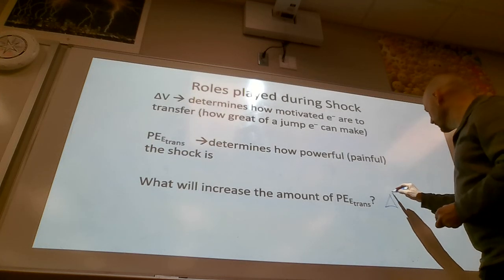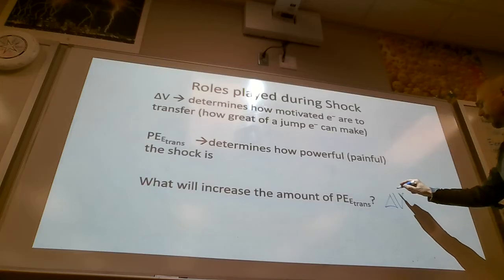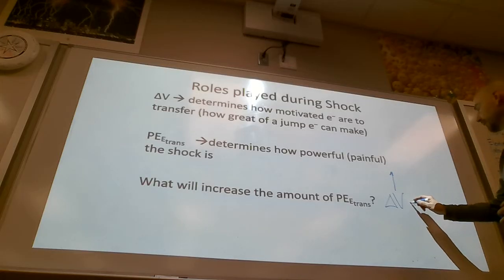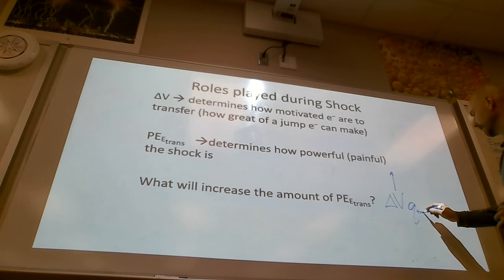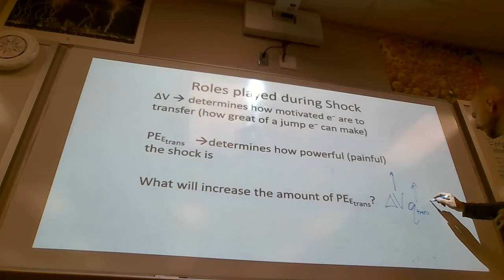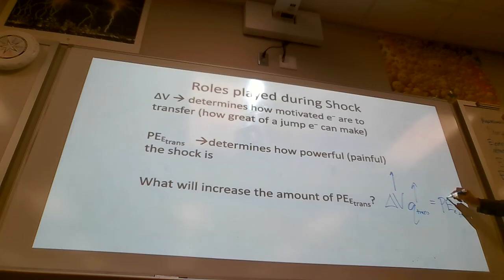So if you have a high voltage and a lot of charge transferred, that's going to cause the amount of potential energy to be big. A lot of electrons being transferred, that's death. Kind of want to stay away from that.